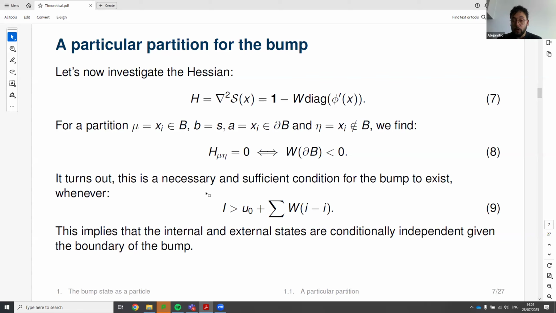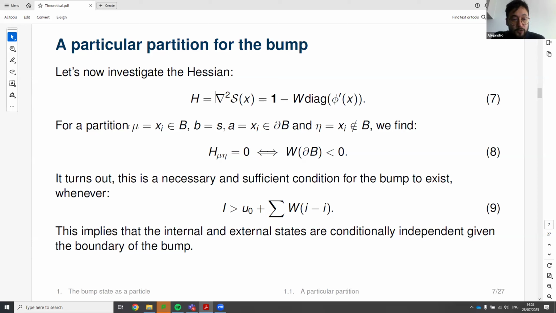So following some results from the active inference literature, we take a look at the Hessian, which is essentially the Jacobian of the map of the equations, and we find that for this particular partition, the conditions for its existence, the existence of the bomb, map very nicely to conditions that we already know for the existence of bombs from the literature, from the work of Shun-ichi Amari and other people.